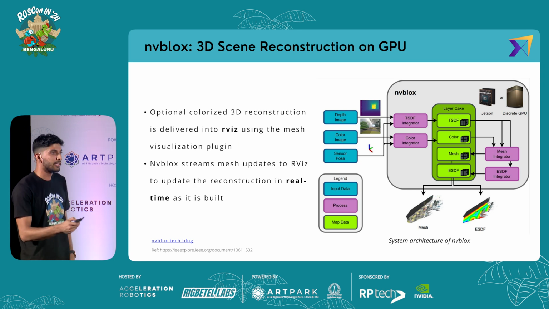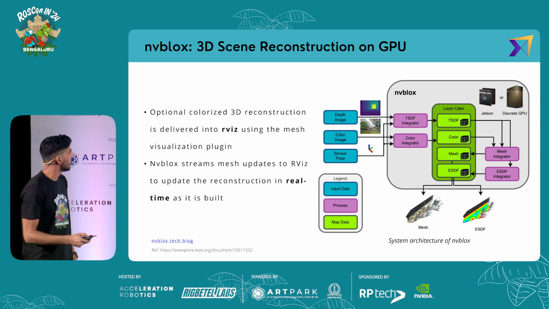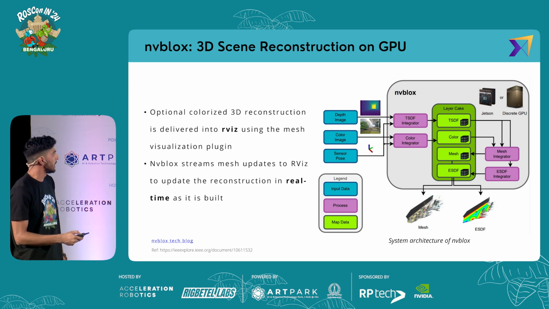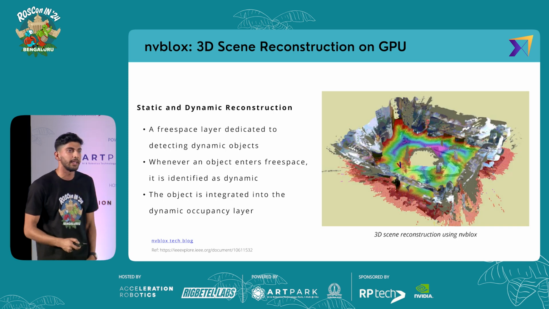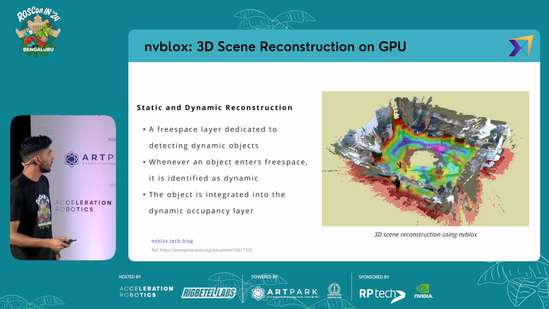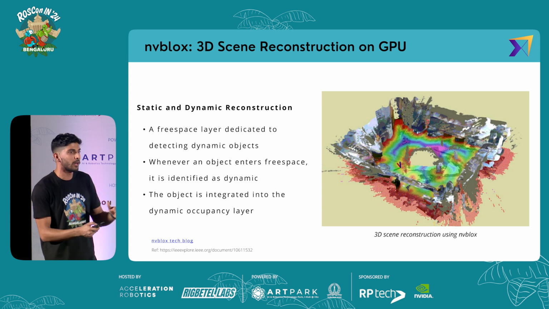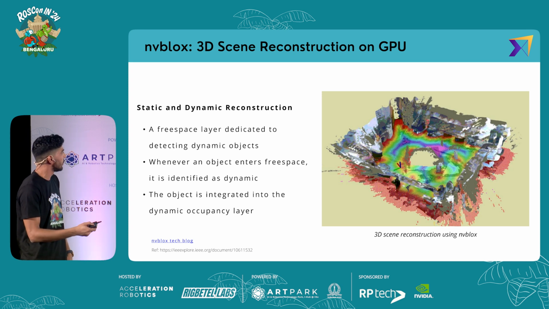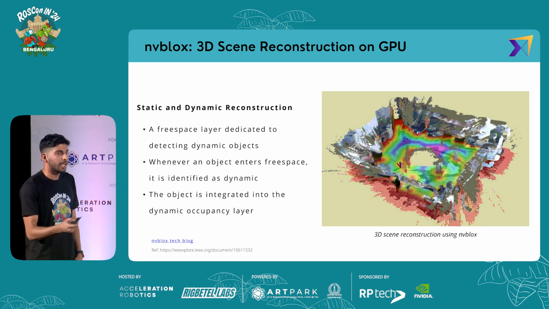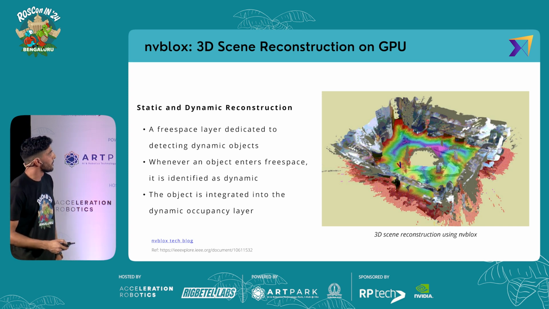Finally, this reconstructed image is delivered to RViz, and it streams the mesh updates to RViz as well. NVBlocks also handles static and dynamic scene reconstruction. It maintains what is called a free space layer, and whenever dynamic obstacles come in, that layer is updated.